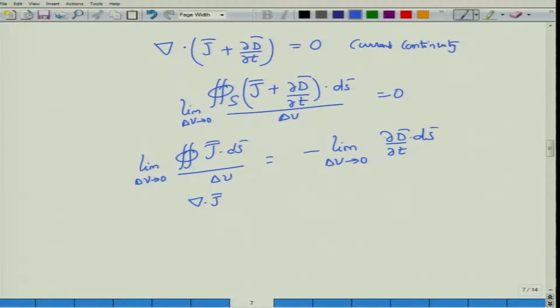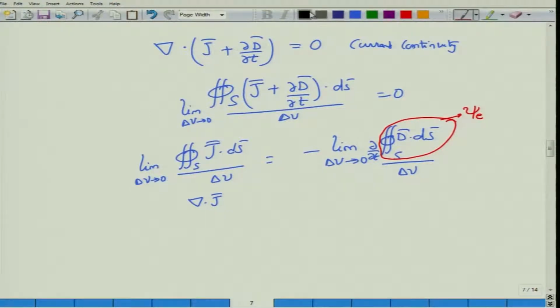So if I interchange the operations of del by del t and the space operation, I first evaluate this D dot dS over the closed surface that I am evaluating, and then take the time derivative of this, divided by delta v. Now on the closed surface, if you evaluate this, what quantity do you obtain? This quantity is simply the electric flux density.